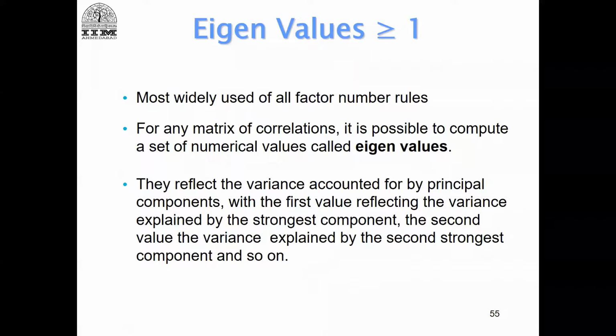What is the interpretation of eigenvalue? They reflect the variance accounted for by principal components or principal factors, with the first value reflecting the variance explained by the strongest component, the second value the variance explained by the second strongest component, and so on.